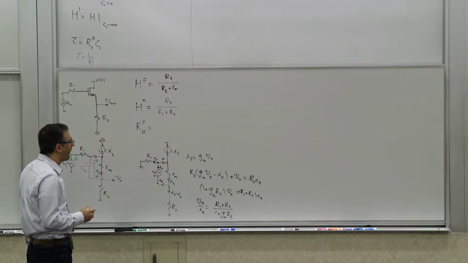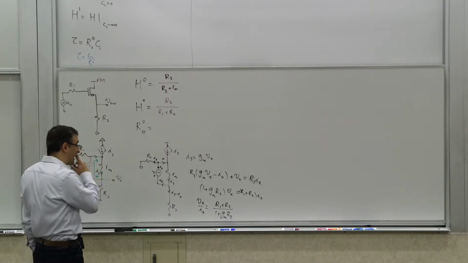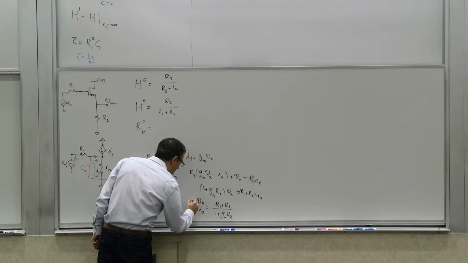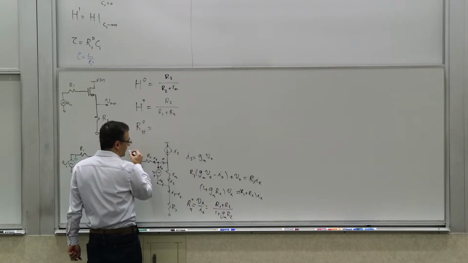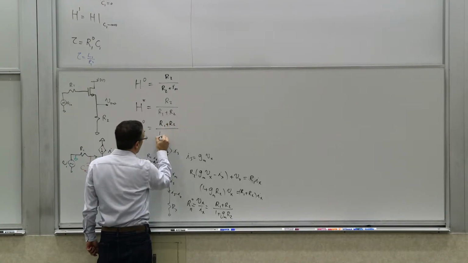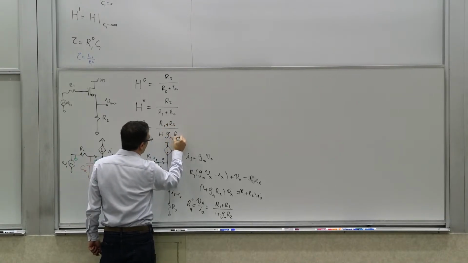Okay? And then you can plug that in. So that's the resistance, that's basically the R pi 0 that we are trying to calculate. So it's R1 plus R2 over 1 plus Gm R2.